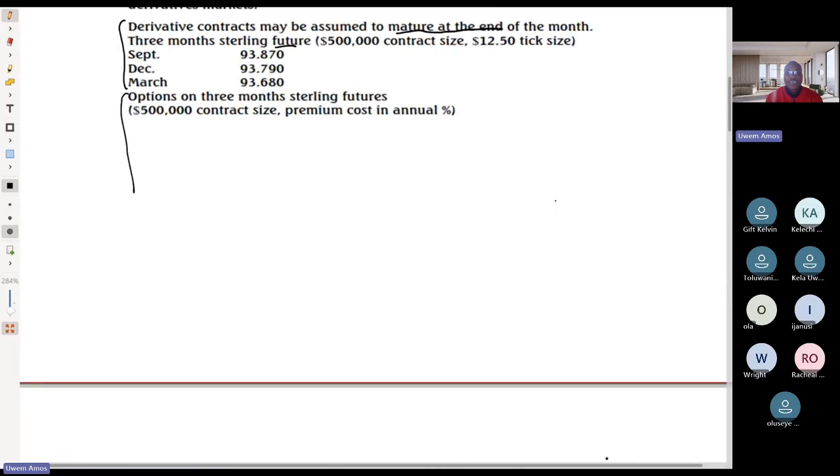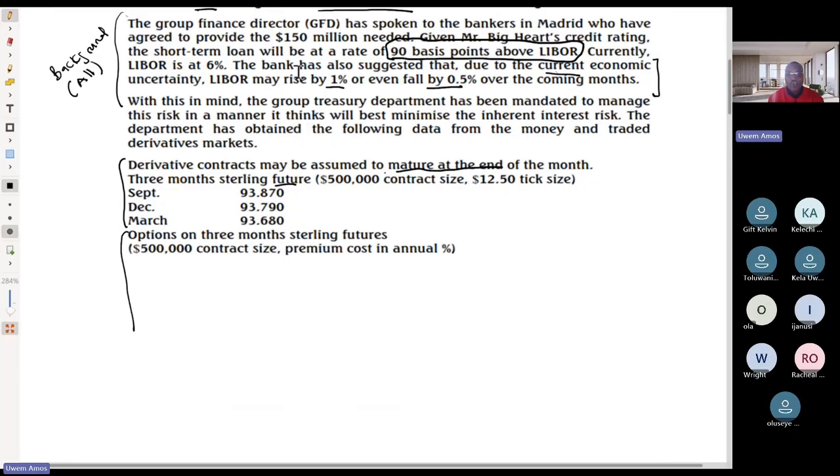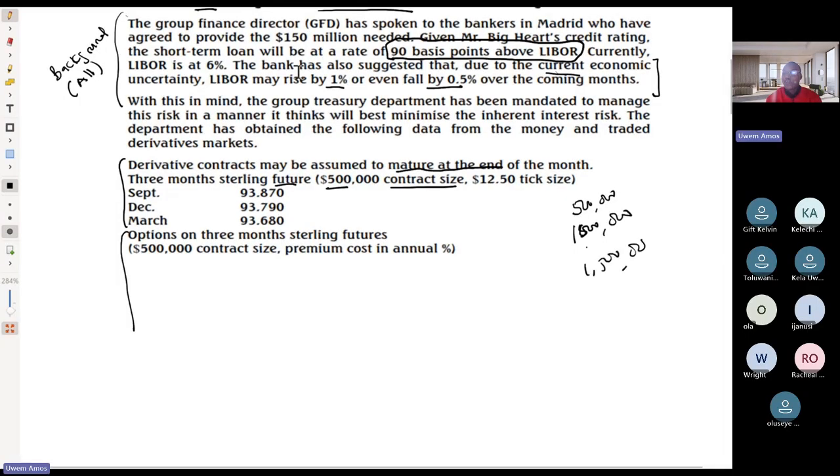You can see right here it says that the futures are 500,000 contract size. In other words, if you want to buy these futures, you can only buy in blocks of 500,000. So you can buy 500K, you can buy 1 million, you can buy 1.5, because they are sold in blocks of 500K.